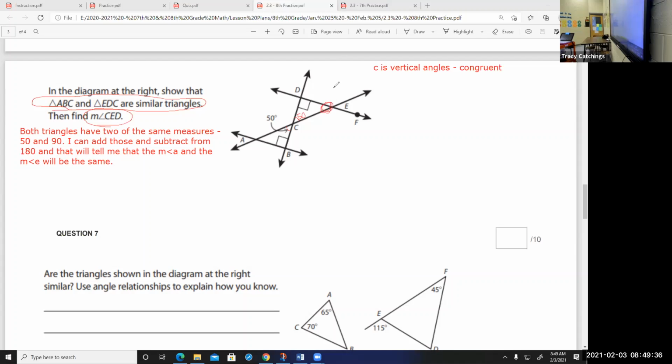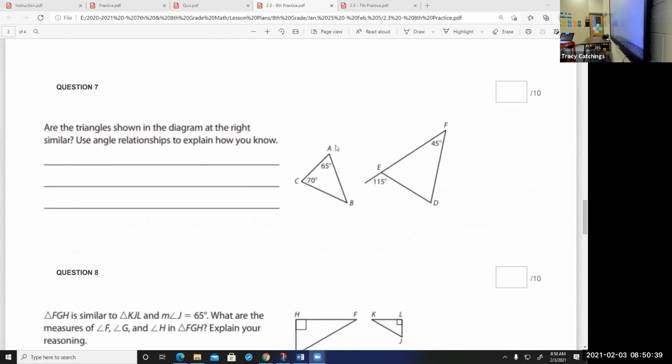Now they want us to find that. Okay, I guess the second part of that, we'll figure it out. Read 7.